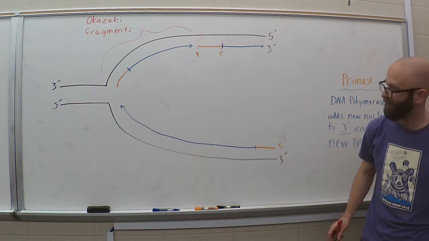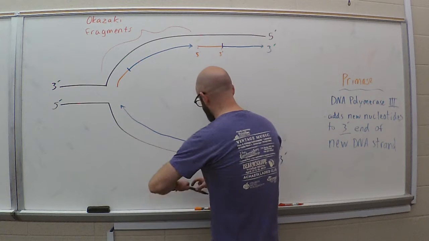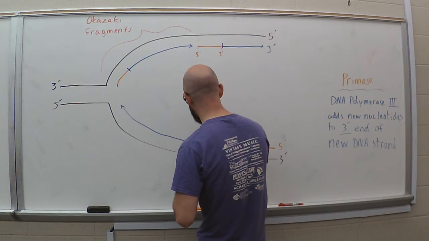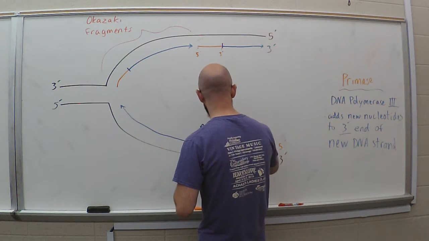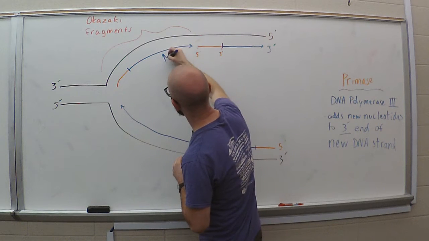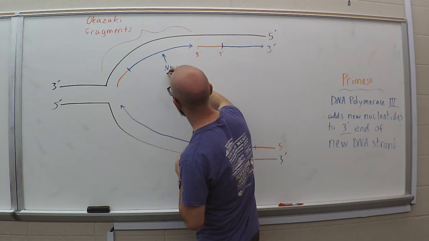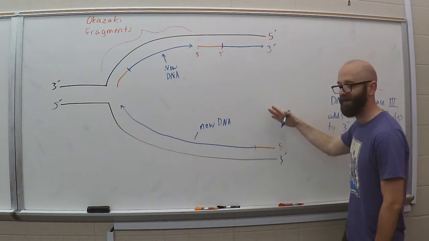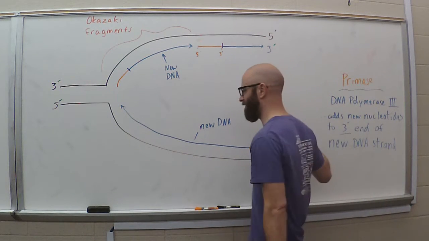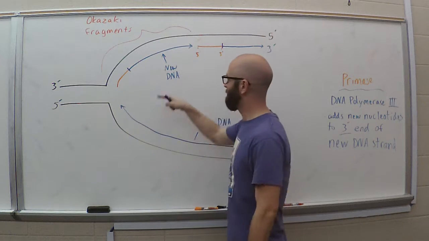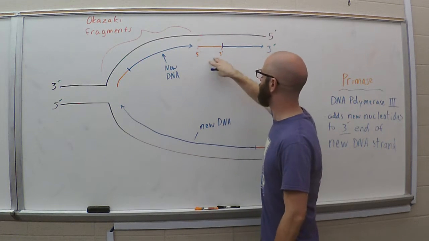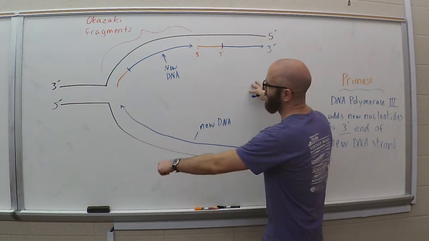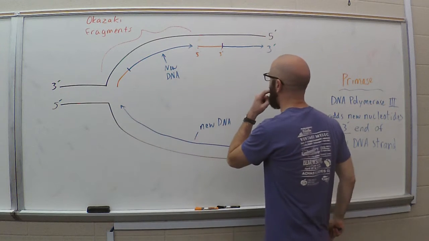Okay. So yeah, just clarifying here, this is our new DNA, and so is this. Down here, we were able to just lay down one primer and extend it all the way, but up here, we had to lay down multiple primers and replicate the DNA in fragments, and hopefully now you see why.